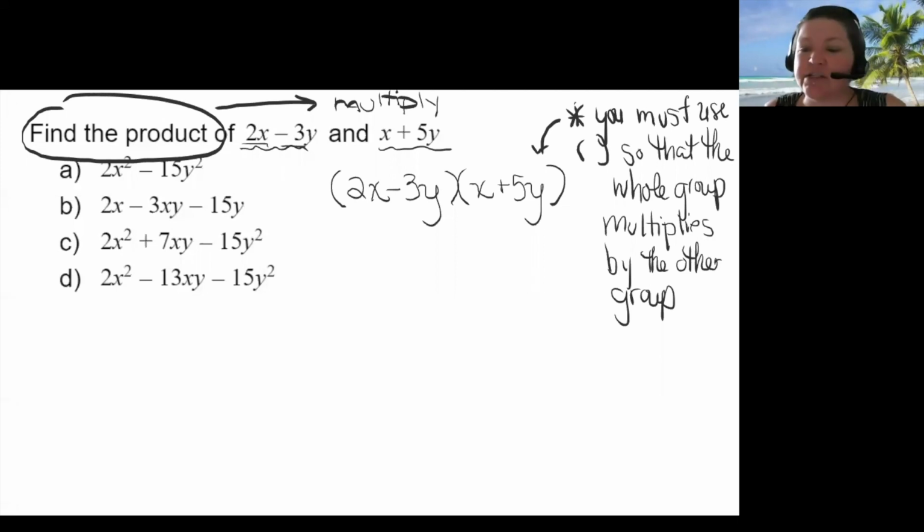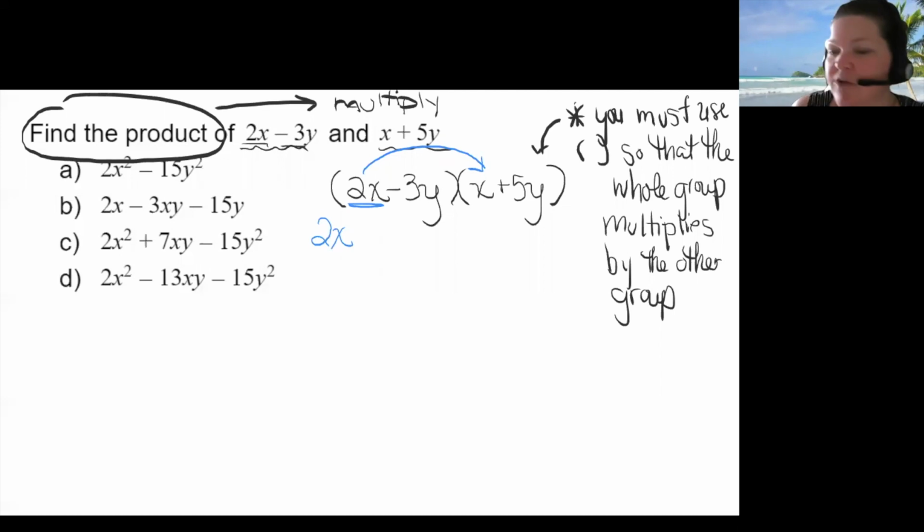So looking at these two things, does anyone know where to start? How to multiply these two things? So you do 2x times x? Absolutely. You start by passing out the first term to every term in the second grouping. So I'll do 2x times x. Careful now, a lot of students will tell me 2x times x is 2x, but that doesn't make sense.